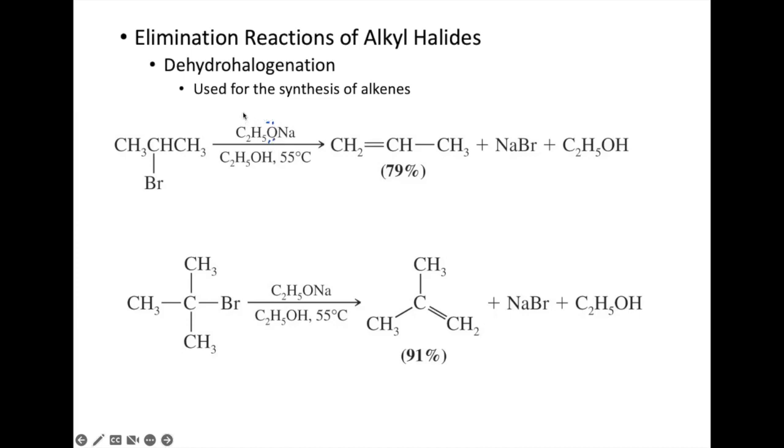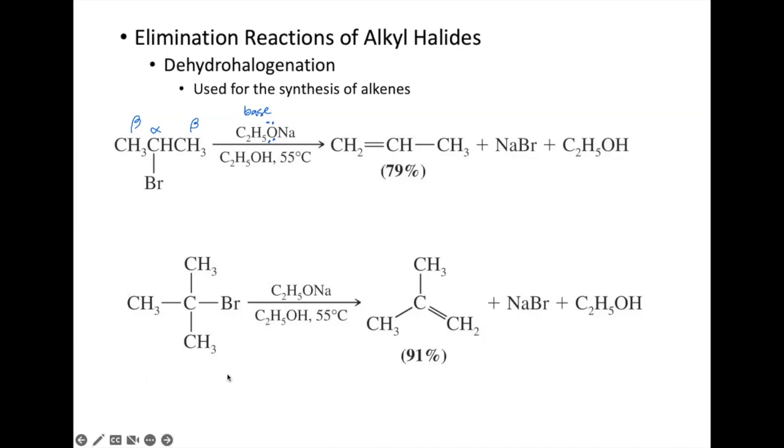This is your base, this is the attacking agent, and it will abstract a proton. Yung beta hydrogen, saan yung beta hydrogen natin? It can be this hydrogen or that hydrogen, kasi ito yung alpha natin. So it can abstract this proton here or there, producing your alkene group.